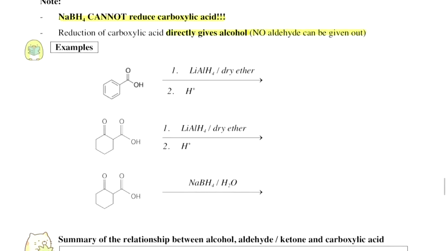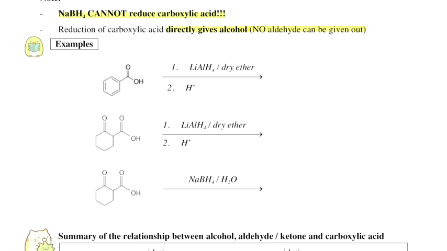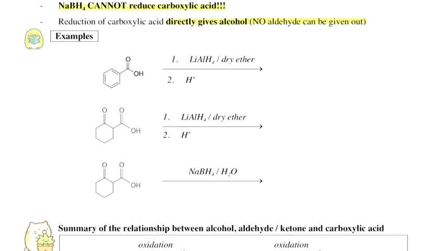Okay, so let's go through those examples together. First, we have this benzoic acid. Remember, if you are given the question, make sure you use a highlighter to highlight or circle the part that may undergo the reaction. Here we have the acid part.